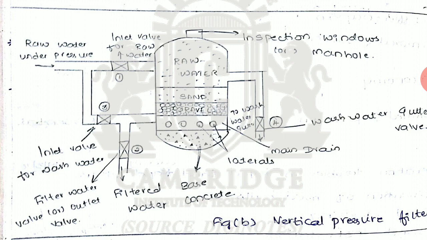From the top the water enters inside the cylinder through inlet valve number 1, that is, raw water enters, and in the cylinder from the bottom the gravel bed is provided. Above that the sand layer is there. When we pass the water through the inlet valve, the water is stored above the sand layer.